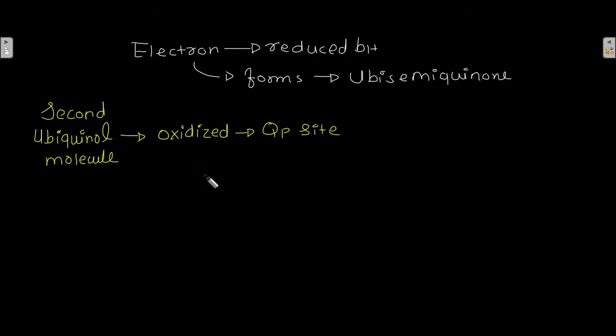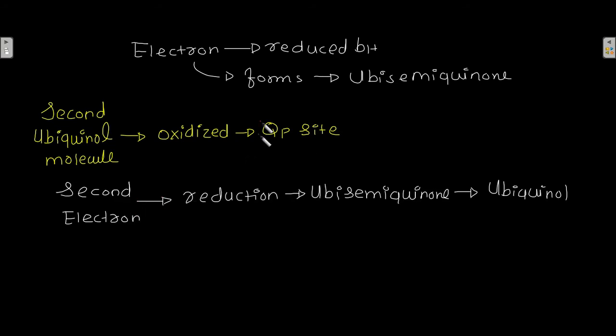Now a second ubiquinol molecule is oxidized at the QP site, and as in the process described above, the second electron which is formed causes the reduction of ubisemiquinone to ubiquinol.